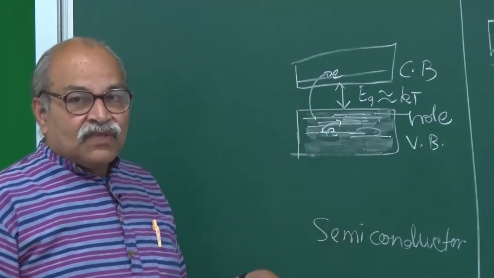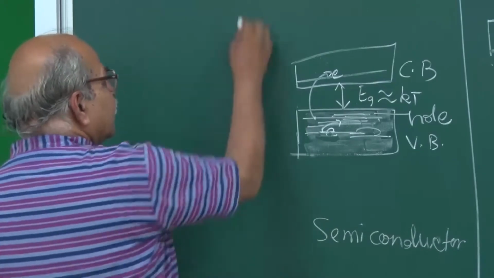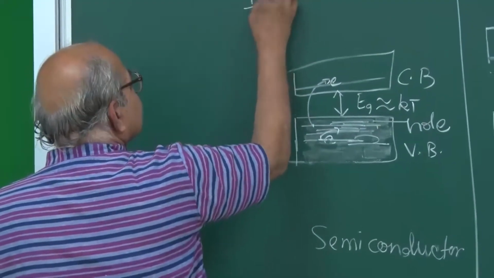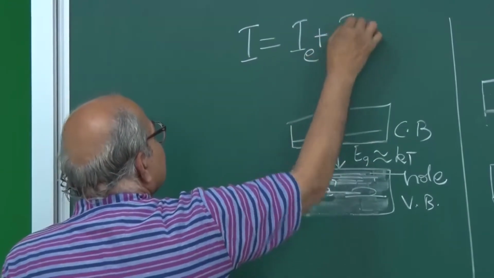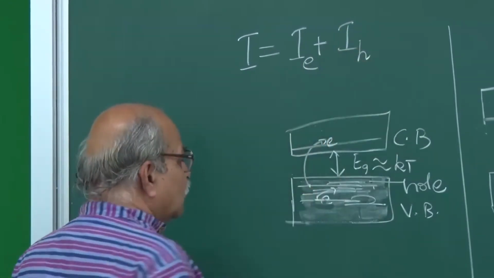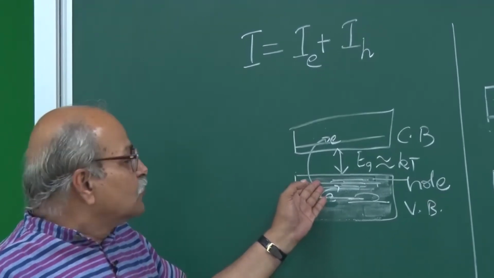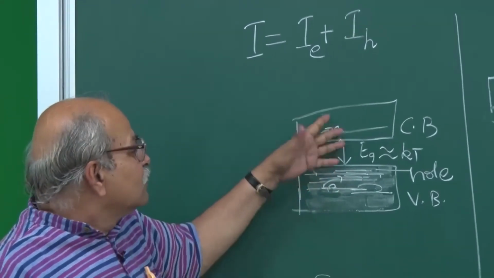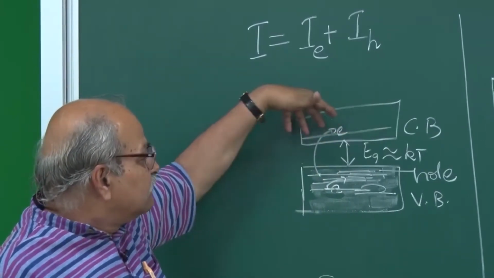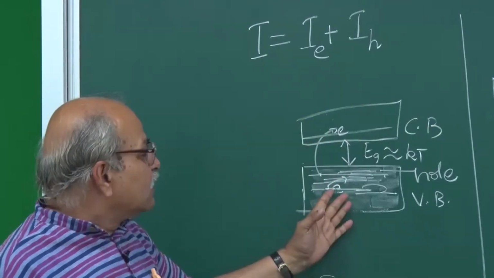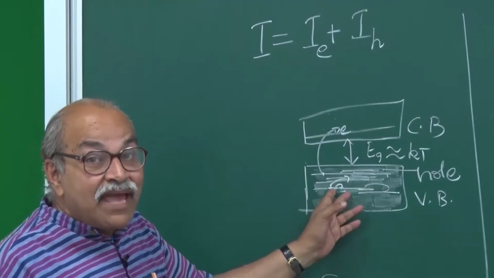So in a semiconductor, the current is composed of two parts. One is because of the conduction electrons and one is because of the holes. We call these empty states holes. So you have two kinds of currents. One is these conduction electrons responding to the electric field, and one is from the valence electrons, the electrons in the valence band.